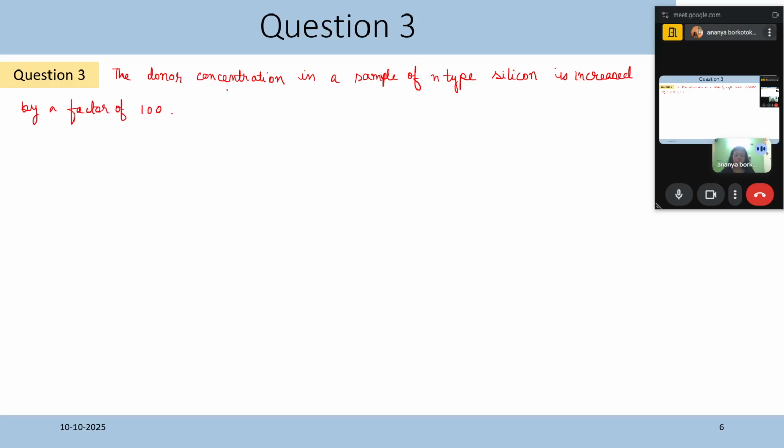Okay, donor concentration is increased. What is the notation we use for donor concentration? ND, right?